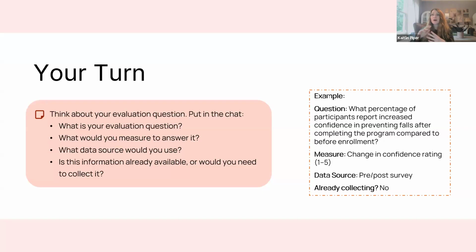So think about your evaluation question you developed earlier, then ask yourself, what would I need to measure to answer that question? Where would that information come from? And do I already have that information or would I need to start collecting it? So I'll give you a few minutes to think through these questions and then note them down in the chat when you're ready.